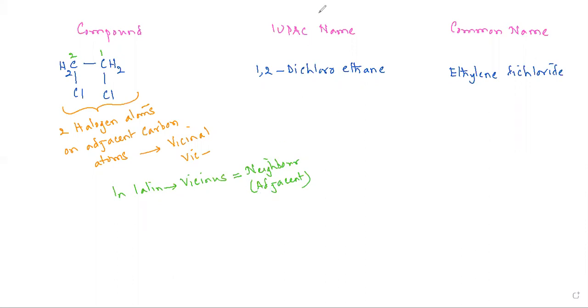Okay. See this can be written as vicinal dichloroethane. Geminal and vicinal are used only while writing the common names. Okay.